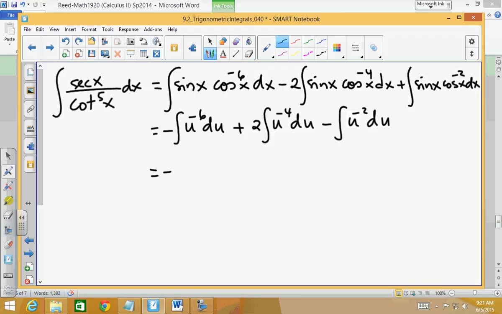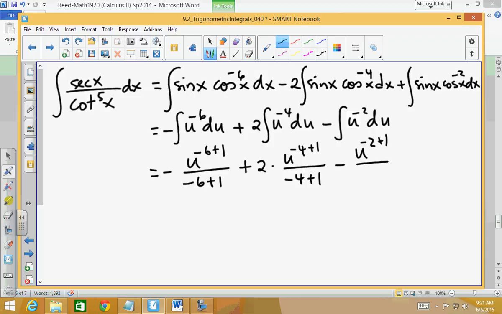So negative u to the negative 6 plus 1 over negative 6 plus 1, using the basic rule of integration of polynomials, plus 2 times u to the negative 4 plus 1 divided by negative 4 plus 1, minus u to the negative 2 plus 1 divided by negative 2 plus 1, plus a constant.